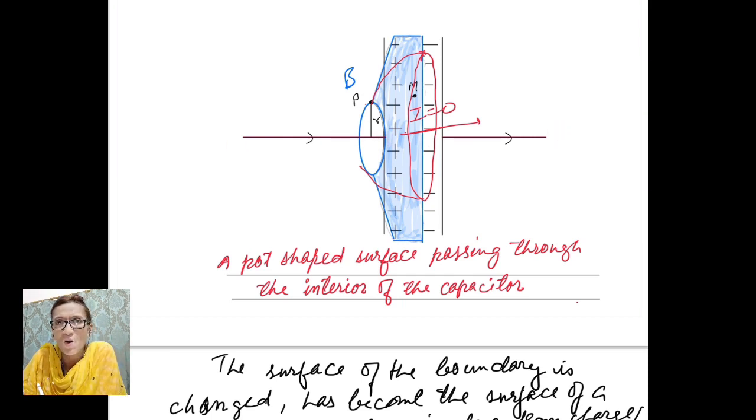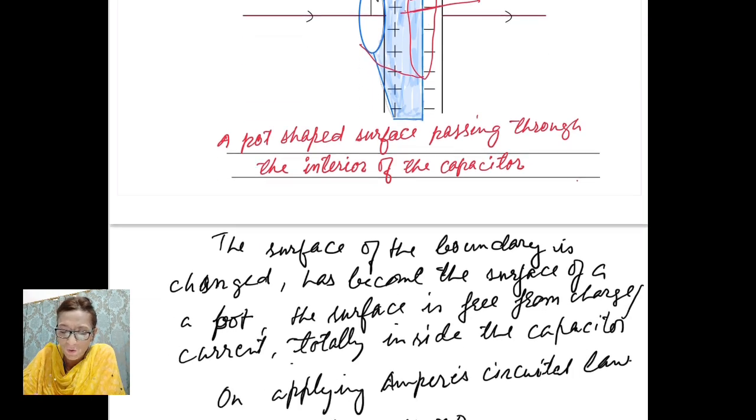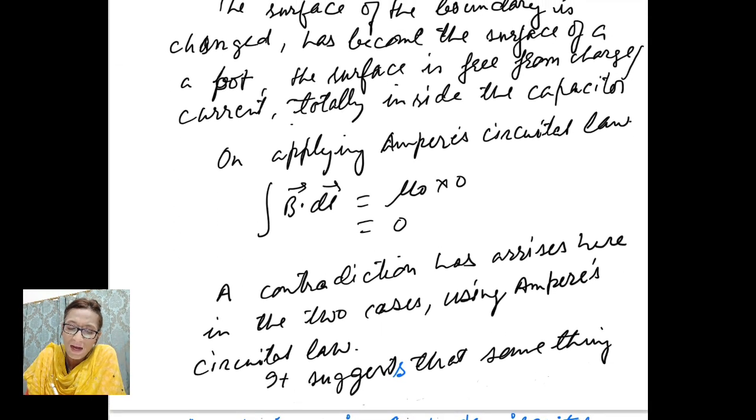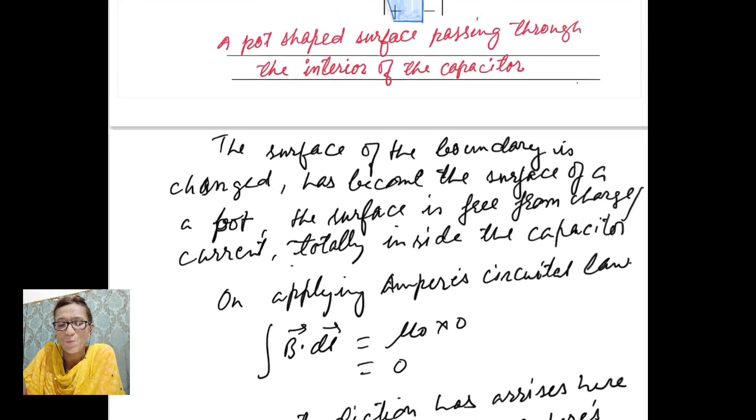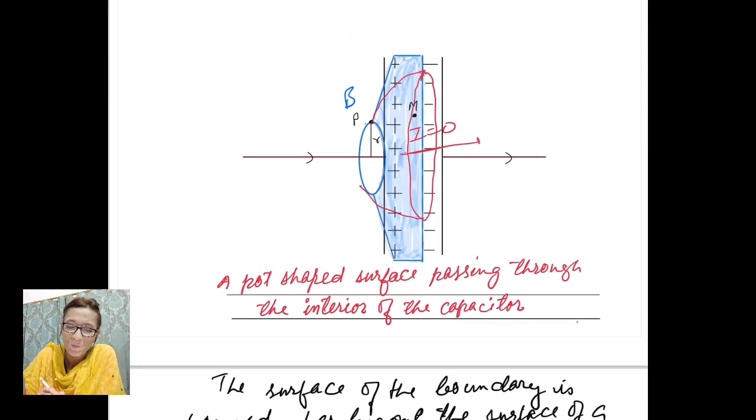And Ampere's circuital law is about magnetic field at the boundary. Boundary is the same. Magnetic field should remain the same. But due to change in surface, here current through this surface becomes equal to 0. So now when you apply Ampere's circuital law in this condition, then you find magnetic field at the same point is 0.